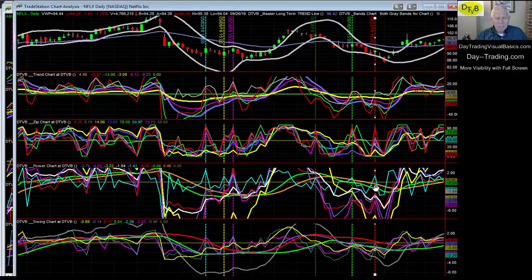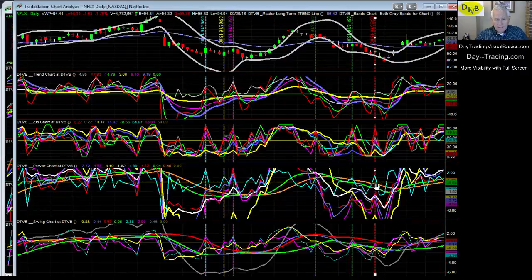In some of the classic gap down patterns, trend red touches under zero, and trend green hits one of the other lines or the zero line and reverses back up. In this case, all three are up, and all the wide lines are down on the trend chart.